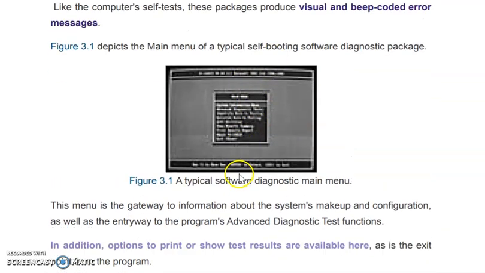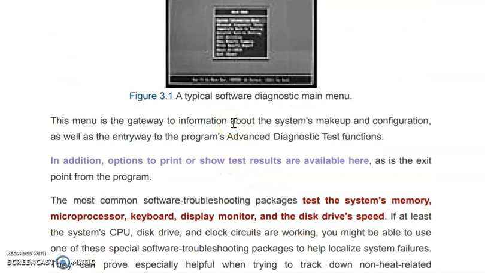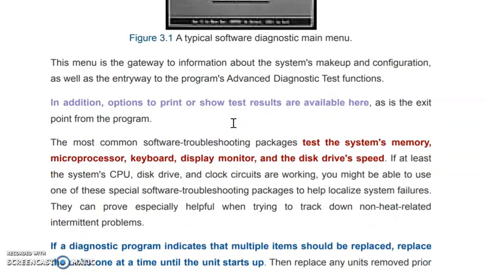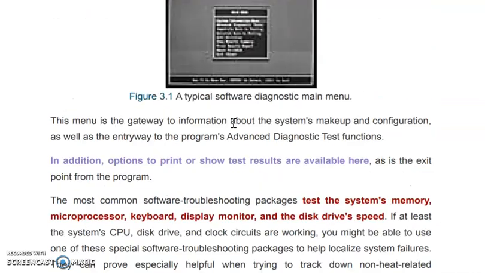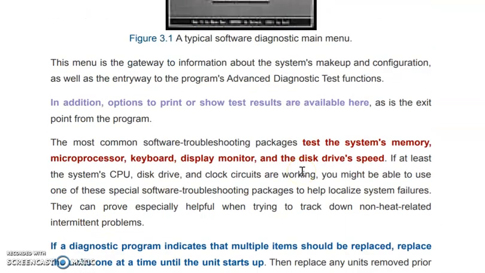You can take a printout of the report, as well as store it on your hard disk. If any problem occurs, it will show that problem properly, and it will give a beep signal that a problem has occurred at that particular peripheral device.